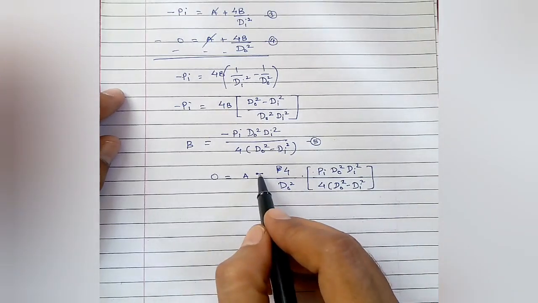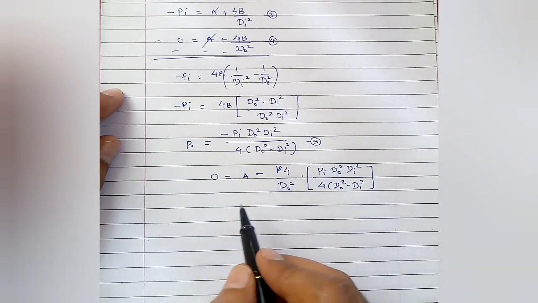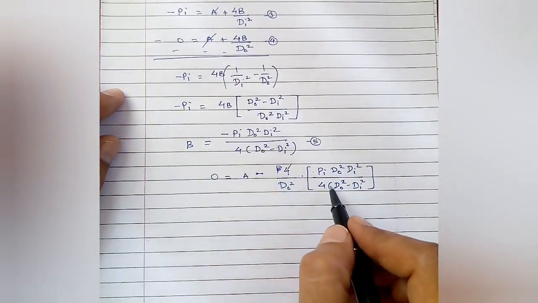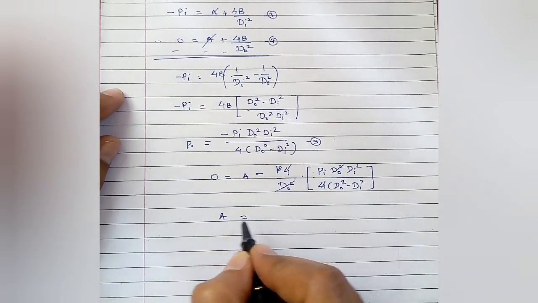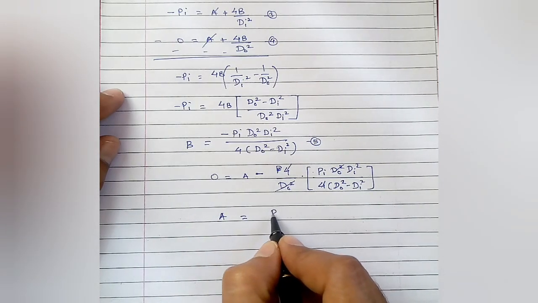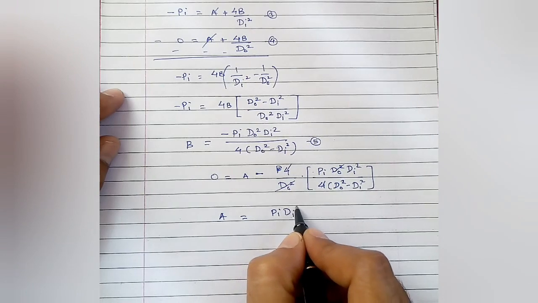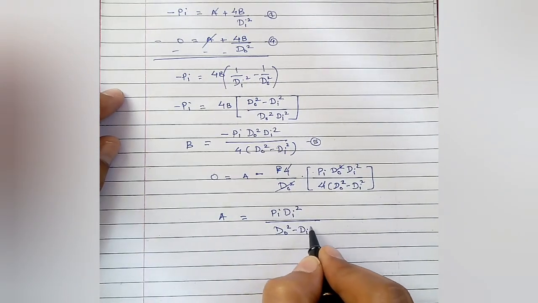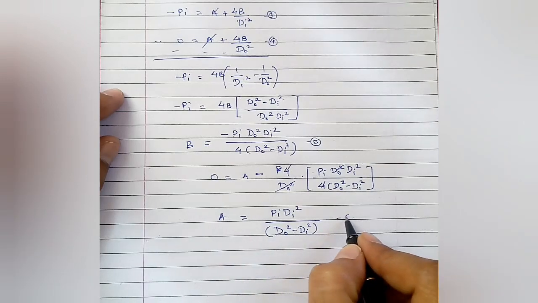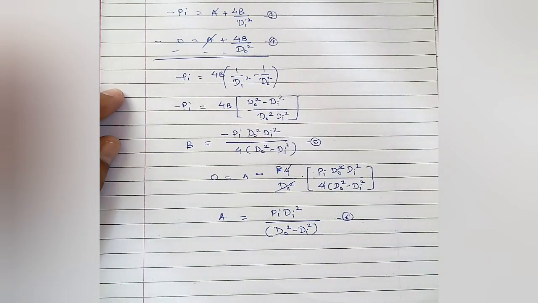I have taken this negative sign outside the bracket. So 4 will get cancelled, Do square will get cancelled, hence A is equal to Pi Di square upon Do square minus Di square. So this is the value of A.